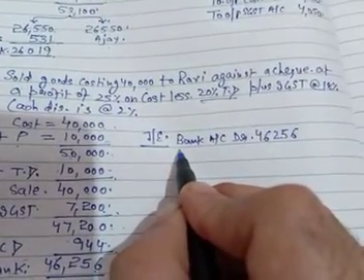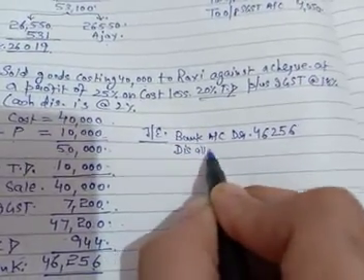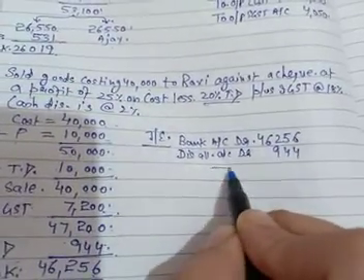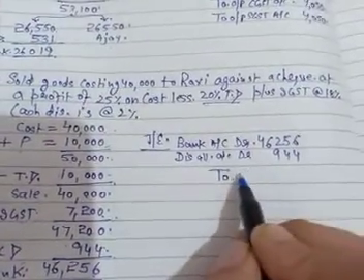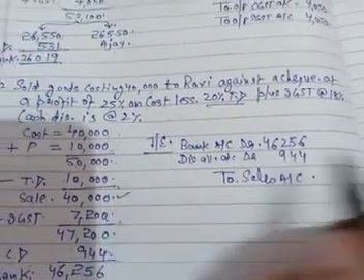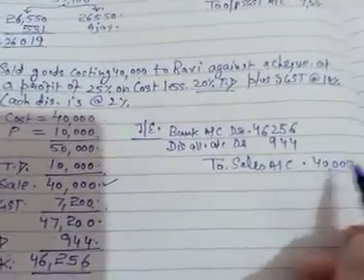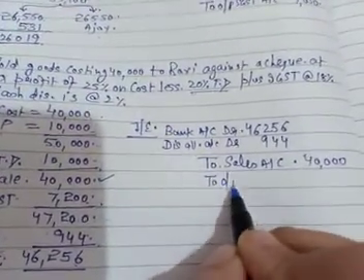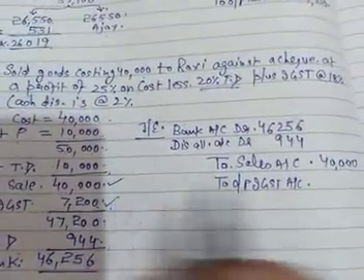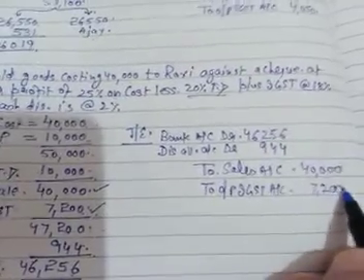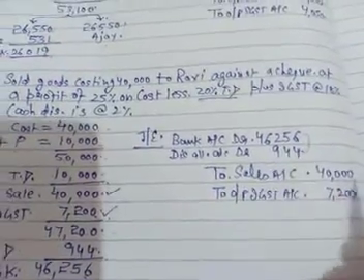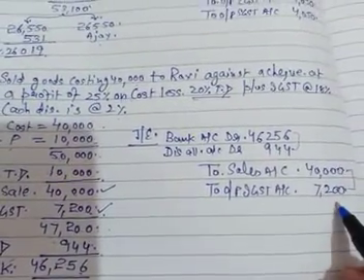Then discount allowed account debit 944, to sales account, this is the sales amount, 40,000, to output IGST account 7,200. Make sure that the total of both the amounts in debit must be equal to the total of both the amounts in credit.